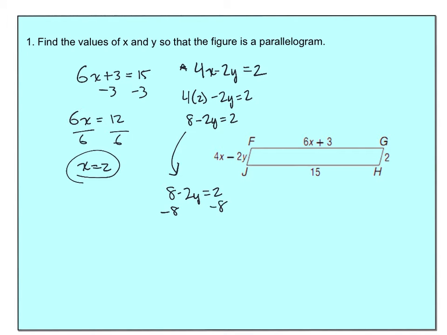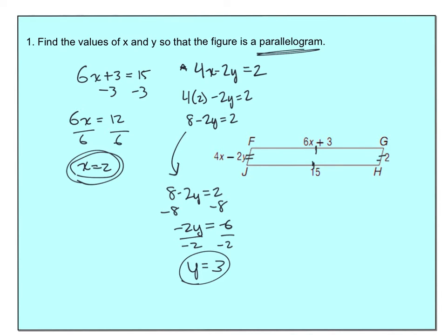Subtract 8, subtract 8. Negative 2y equals negative 6. So when I divide, that makes it positive. So x would be 2, y would be 3. And I did that based on the fact that the opposite sides have got to be congruent in order to be a parallelogram.